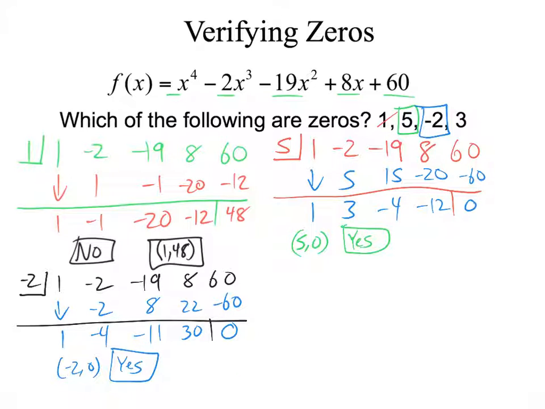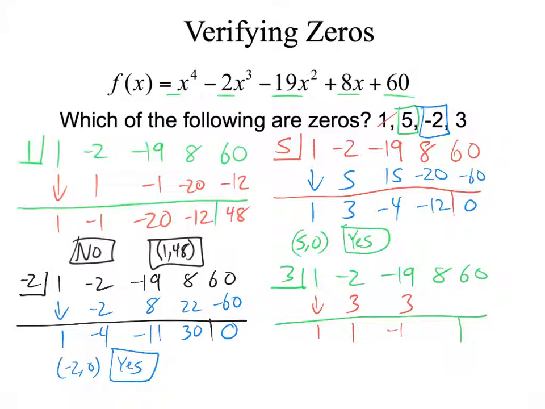Let's try 3 and see if that is one. We just keep doing this over and over. So this time we're going to choose 3, using synthetic division. Again, you could plug in numbers and crunch it the long way. Bring down the 1. 3 times 1 is 3. Add down. 3 times 1 is 3. Add down.